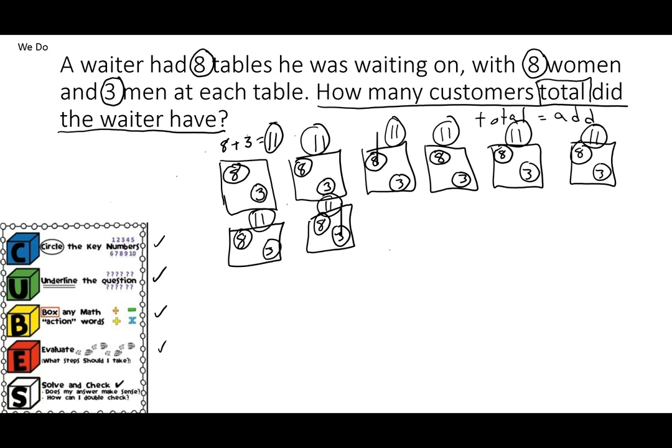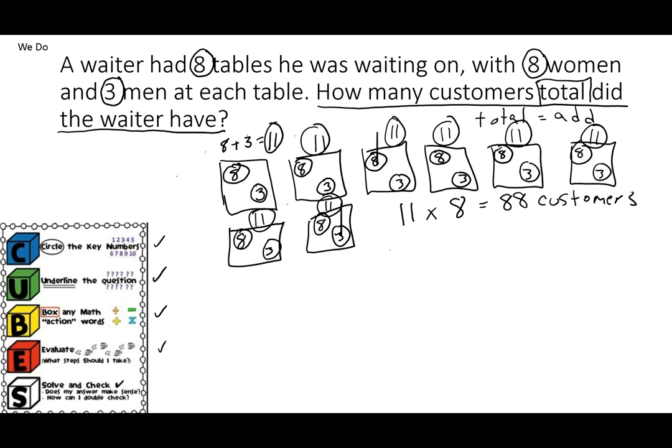Repeated addition. Perfect. So the number of customers at each table, which is 11, times or multiplied by the number of tables, which is 8, gives me a total of 88 customers.